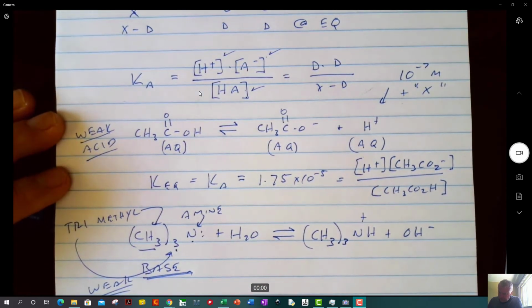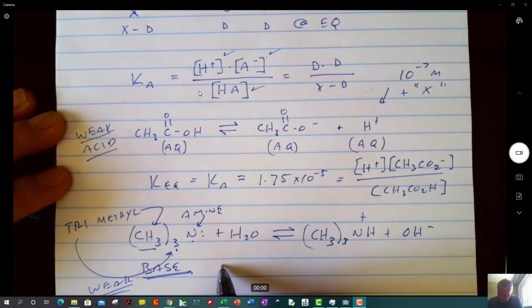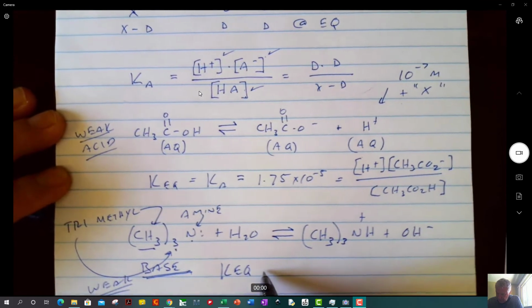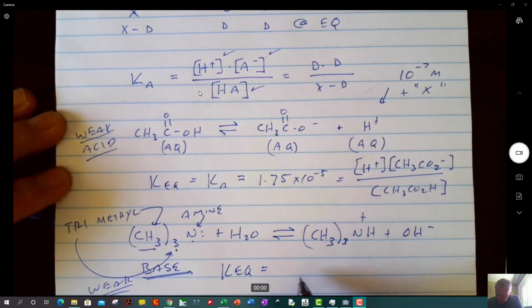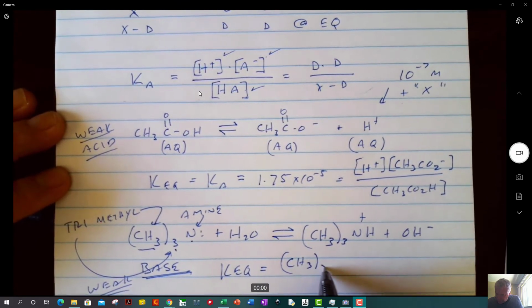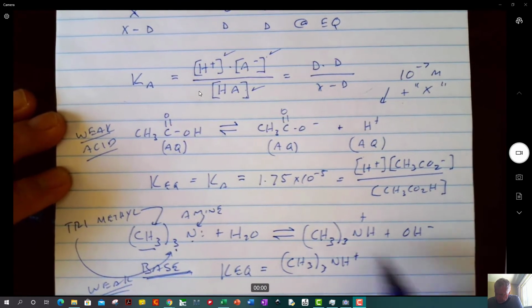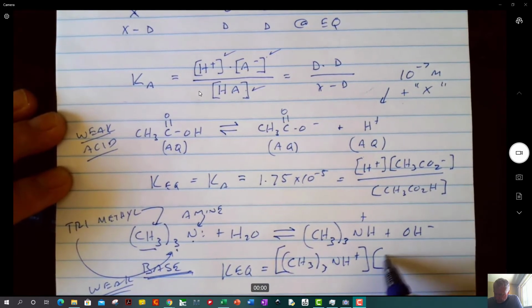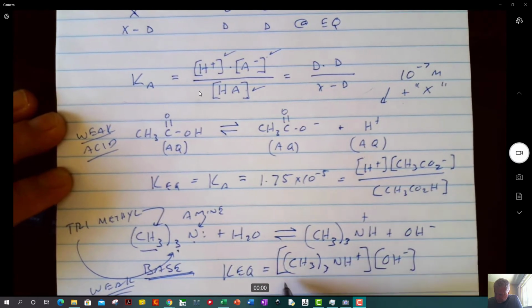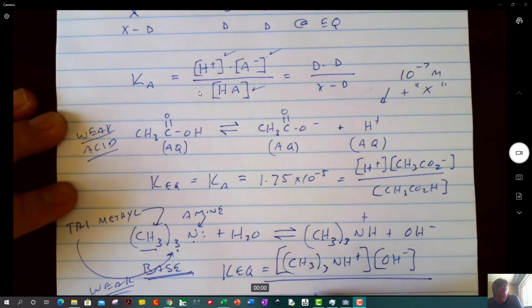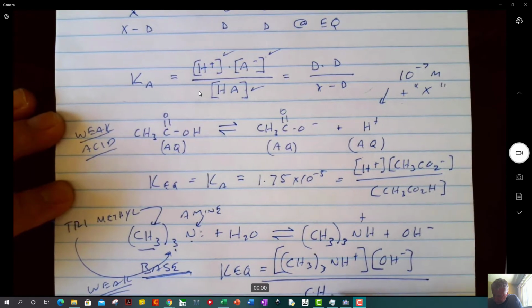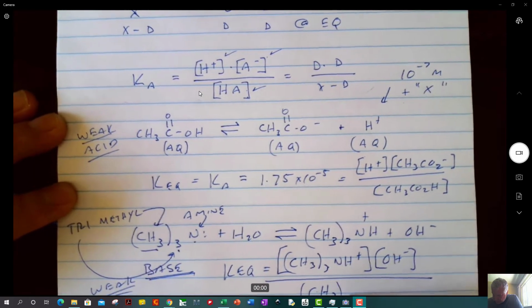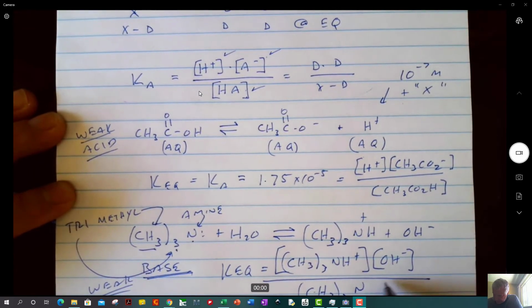And this has a KEQ, which is equal to the (CH3)3NH+ concentration times the OH- concentration divided by the (CH3)3N concentration.